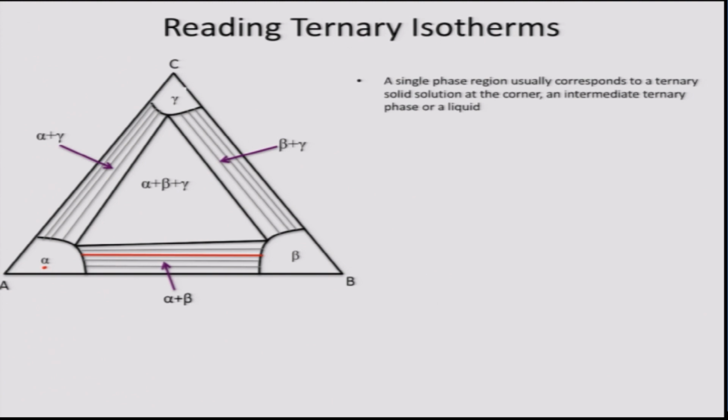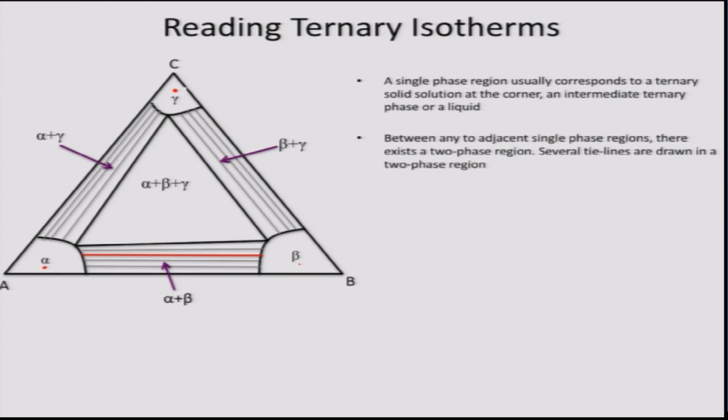Similarly, on the B rich side there is a single phase region beta, and on the C rich side there is a single phase region gamma. Between any two adjacent single phase regions there has to be a two phase region. So, between alpha and gamma we have alpha plus gamma, between alpha and beta we have alpha plus beta, and between beta and gamma we have beta plus gamma.